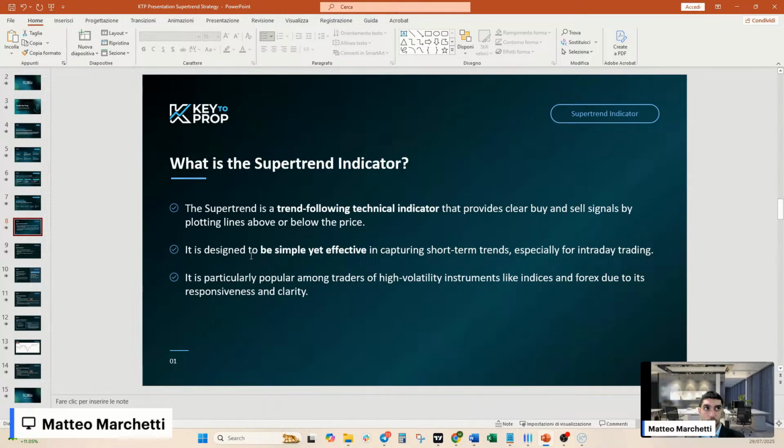Please, as usual, use the chat. Let me know how many of you use this indicator in your day-to-day trading activity, or if you don't know anything about it yet. You are helping me for the rest of the webinar, because if almost none of you knows the SuperTrend indicator already, I have to give you a brief explanation about the indicator itself first, and then we can dive into the strategy.